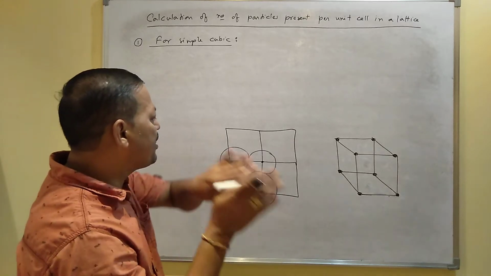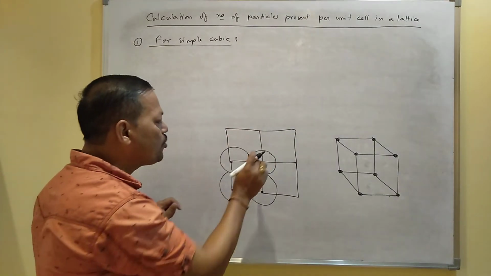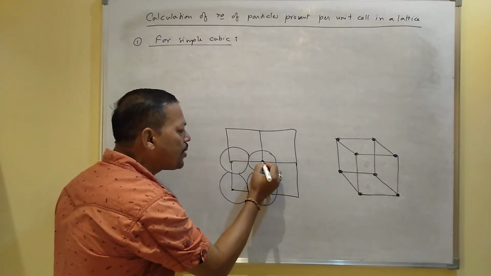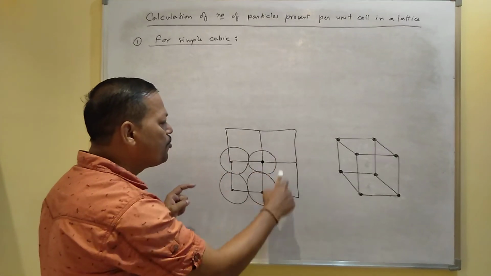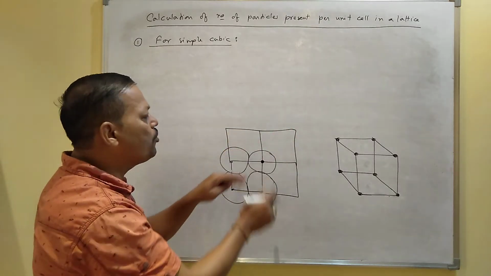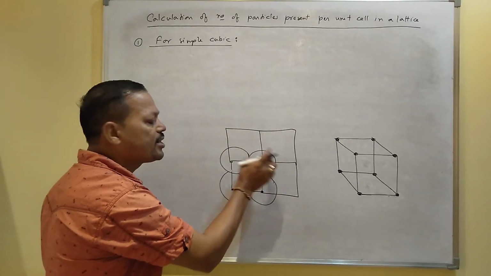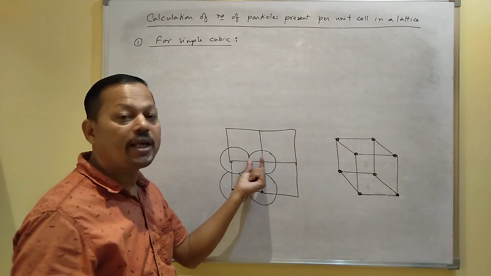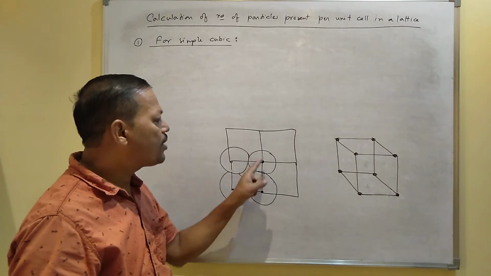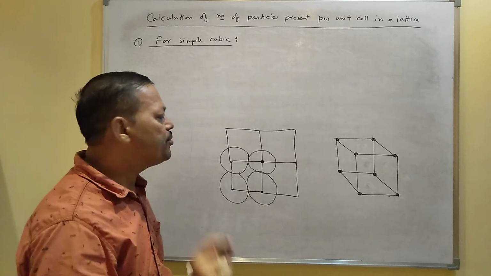But when you place another cube layer above this, one corner particle is shared by how many unit cells? Here you have seen 4. If you place another layer of cubes, then another 4 cubes will touch this particle. I mean one corner particle is shared by 8 cubes, I mean by 8 unit cells.